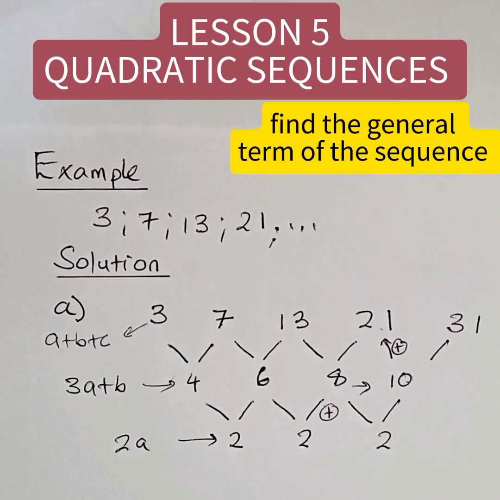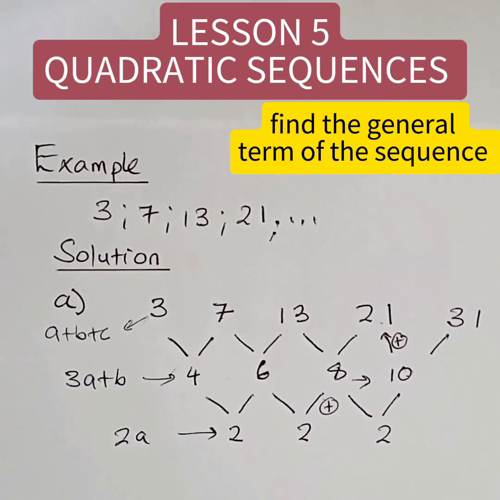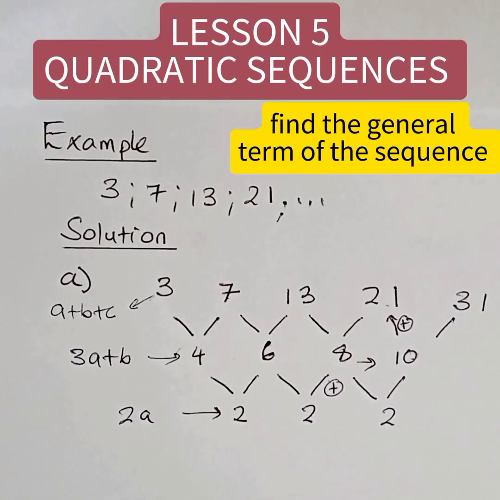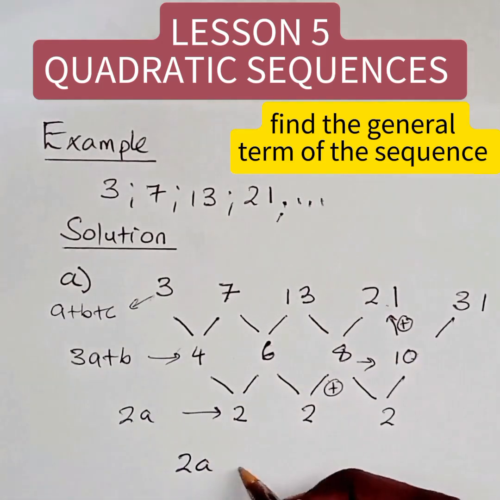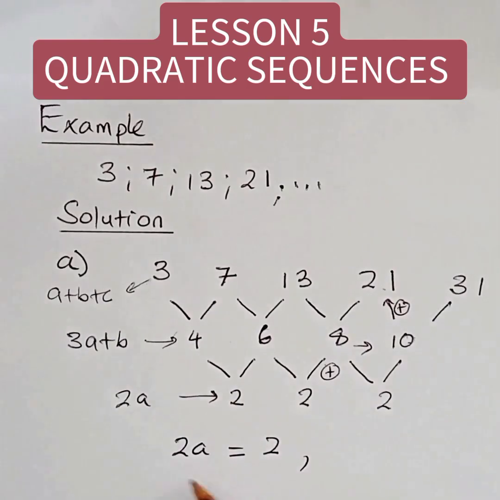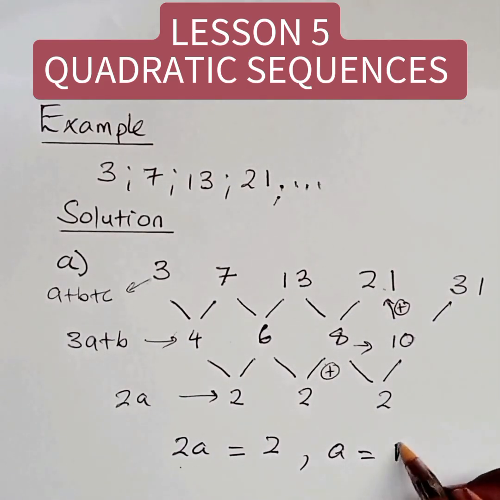Now we need to solve a system of simultaneous equations. I can start with the first one here. It's very simple. We have 2A is equal to 2. You divide throughout by 2, then A is equal to 1.